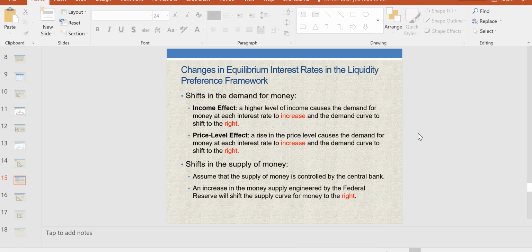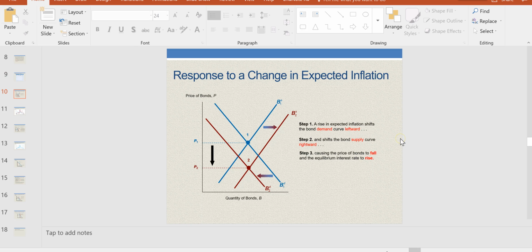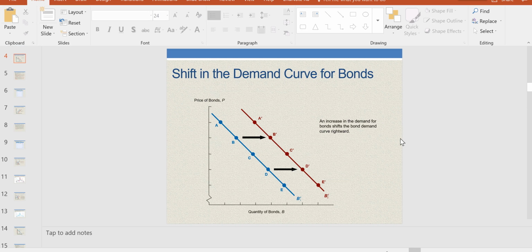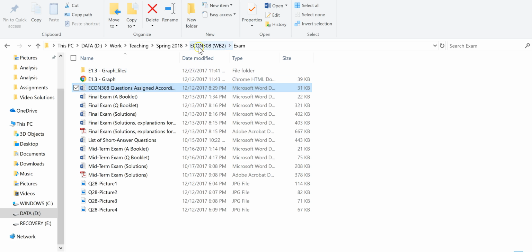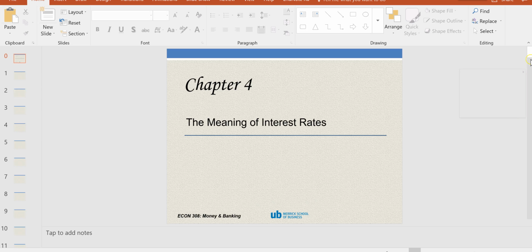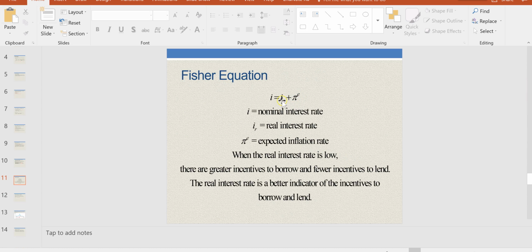In the asset market framework, if the expected inflation increases, by the Fisher equation, if we go back to the Fisher equation, you can see that if you increase the expected inflation, the nominal interest rate generally doesn't change overnight, right? Because that's basically determined by the price.